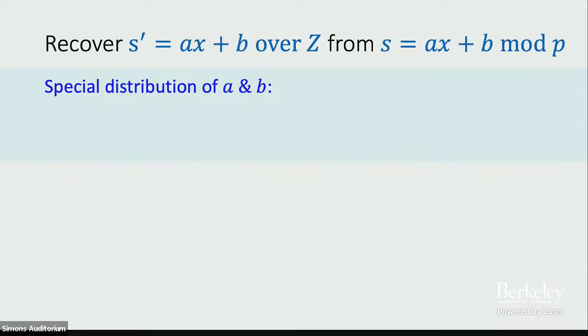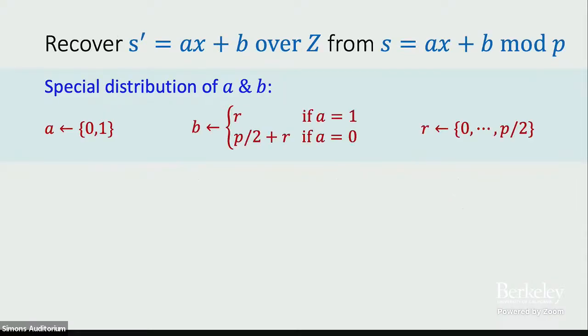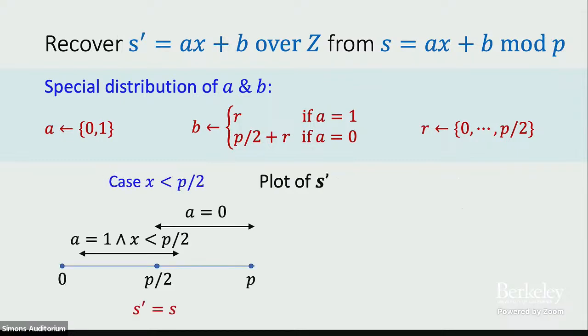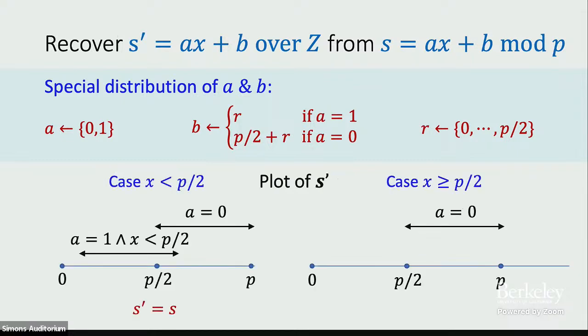And we have to use very special distributions of choosing those, but nevertheless, we can actually do that. But in order to recover the integer value from the mod p value, we choose a very, very specific distribution of a and b. I don't have time to tell you that, but I think you've got the main idea.